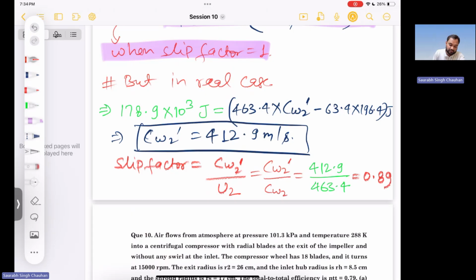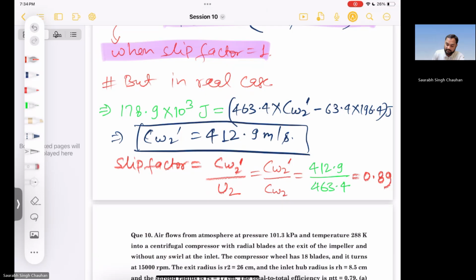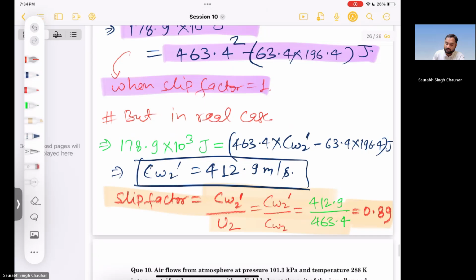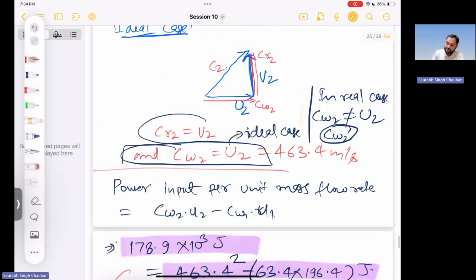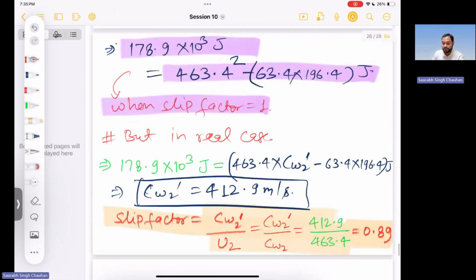So this is the slip factor. Because in the real case, CW2 is not equal to U2, that ratio is defined as the slip ratio. I hope this is clear.